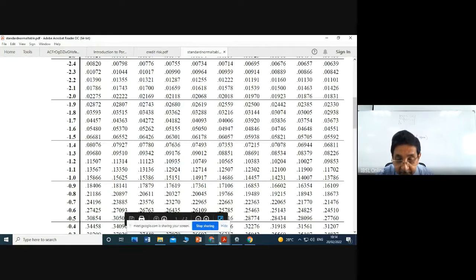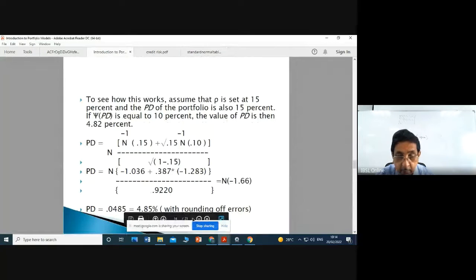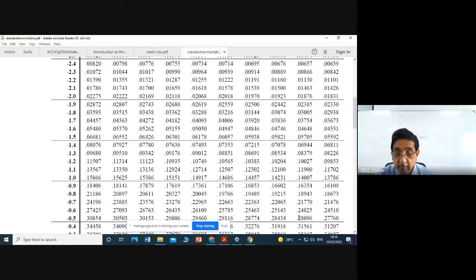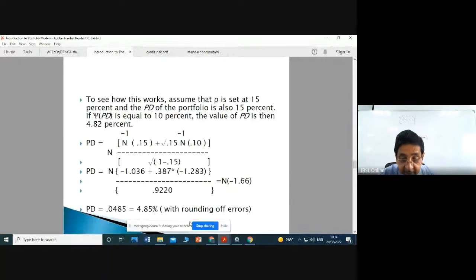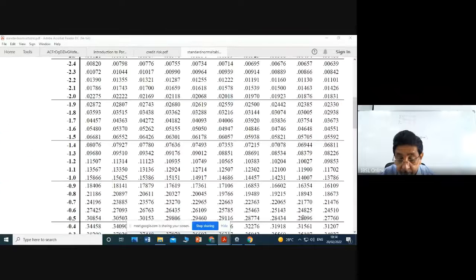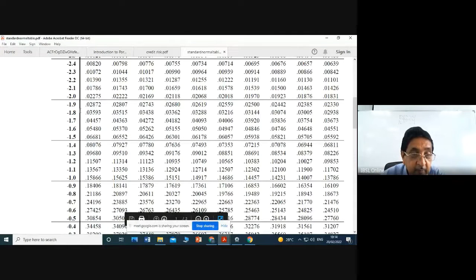Is it minus or plus? Minus, no? So since it is minus, minus 1.66.